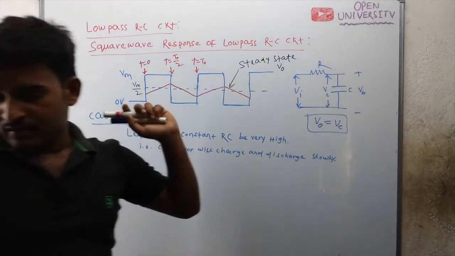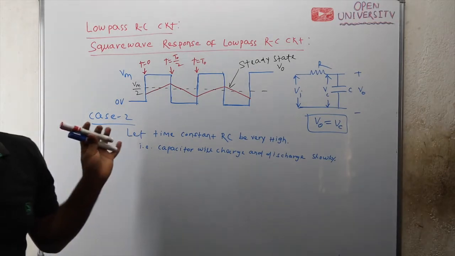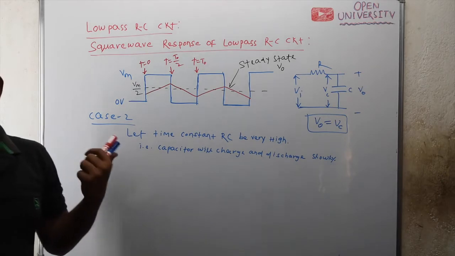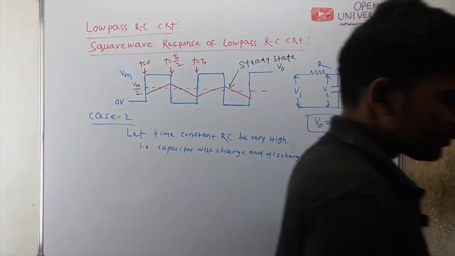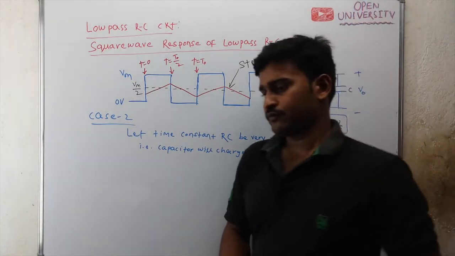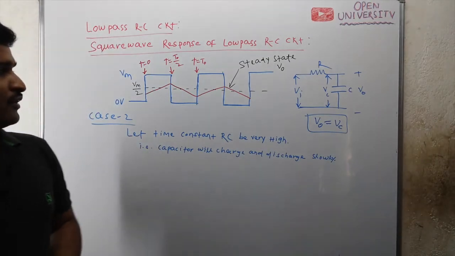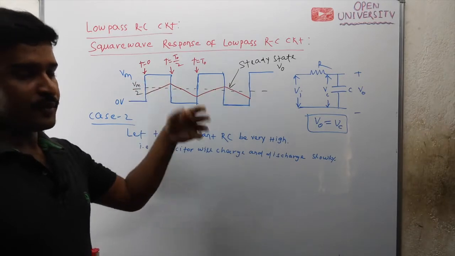Hence the output waveform at steady state will have a DC voltage of Vm by 2. So the average value of the output waveform and input waveform are the same.